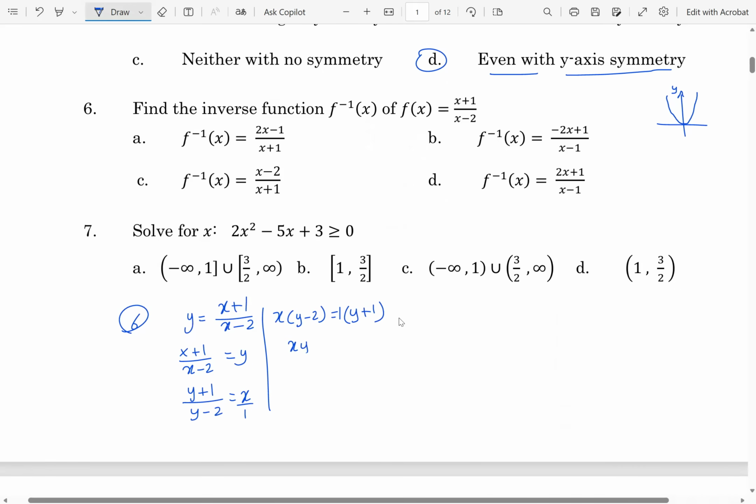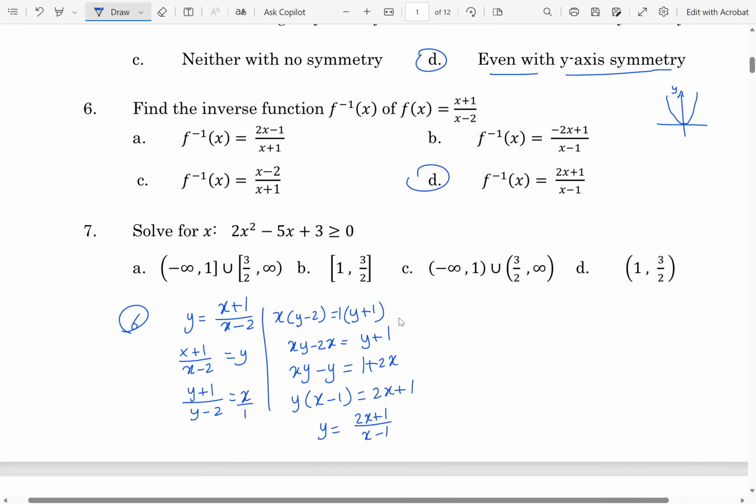And this is xy minus 2x is equal to y plus 1. Collect the x and the y terms on one side by writing xy minus y equal 1 plus 2x, or 2x plus 1. So just take y as common factor, you have y times x minus 1 equal to 2x plus 1. By dividing each side by x minus 1, you have y equals 2x plus 1 over x minus 1. So the inverse function is D.